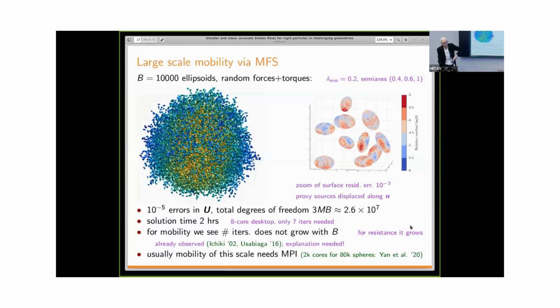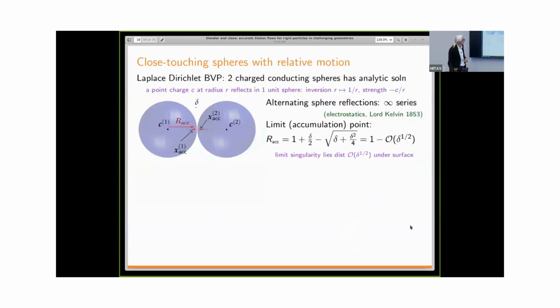Mobility problems have a faster convergence rate than resistance problems, and we don't know why. People have observed it, and people haven't been able to do problems of this scale on a single shared memory machine before. Okay, so let's go on to some of the fun about doing the close to touching objects.